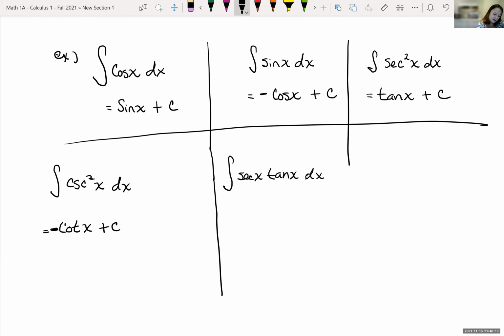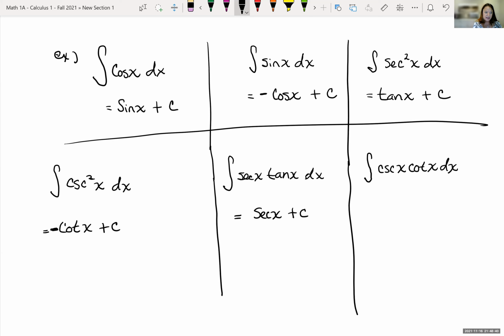And for cosecant x cotangent x dx, the one that gives us that is negative cosecant x plus c.